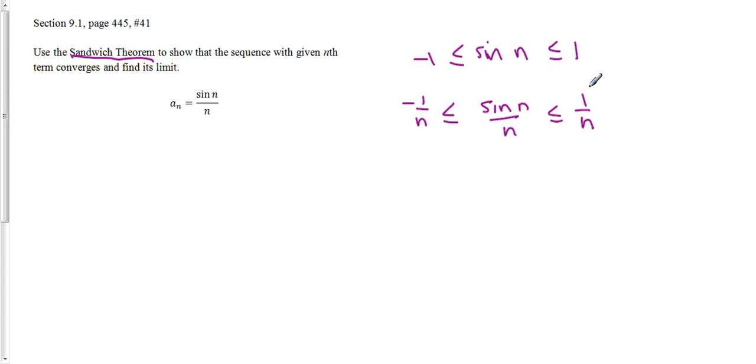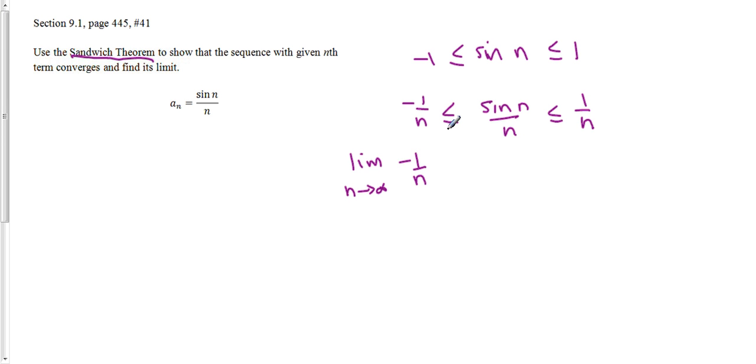Now, in order for the sandwich theorem to work, -1 over n and 1 over n have to converge to the same limit as n goes to infinity. So that's what we really need to check out now. So if I take the limit as n goes to infinity of -1 over n, what am I going to get?